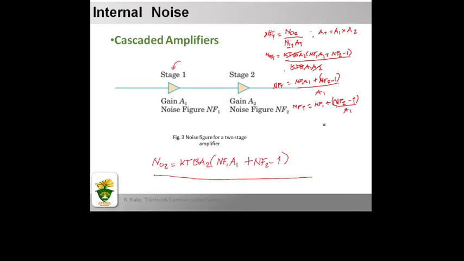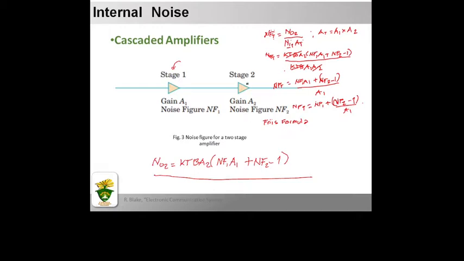So for this equation known as Friis formula, it can be generalized to any number of stages.